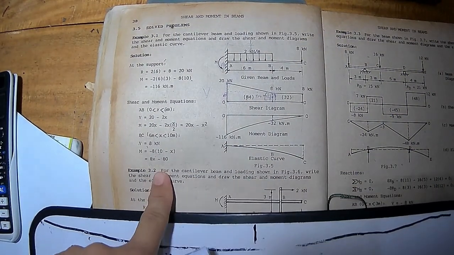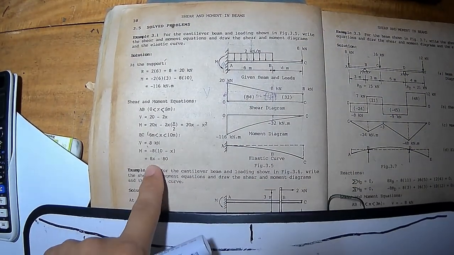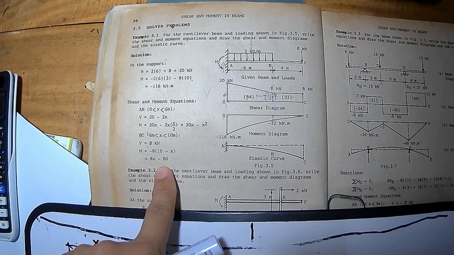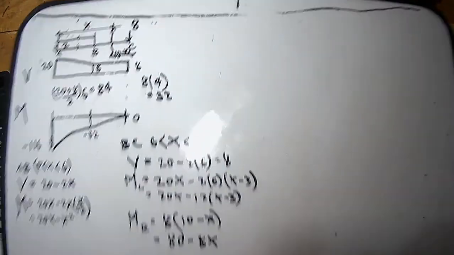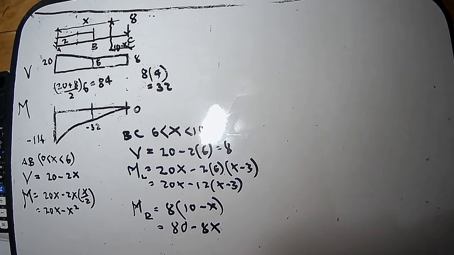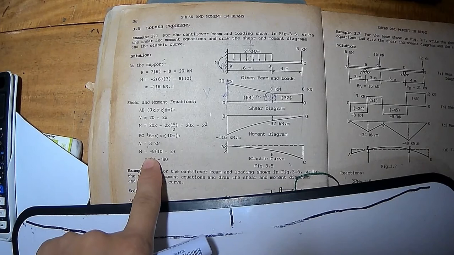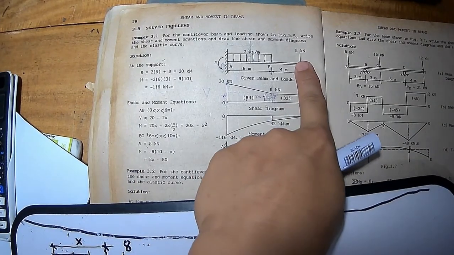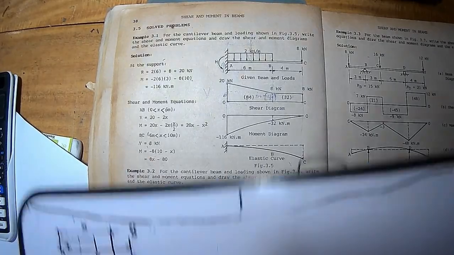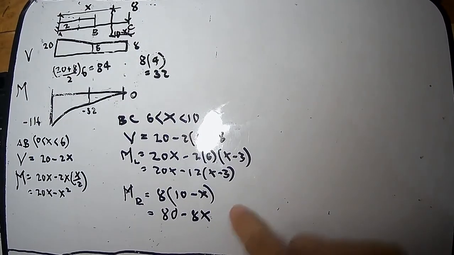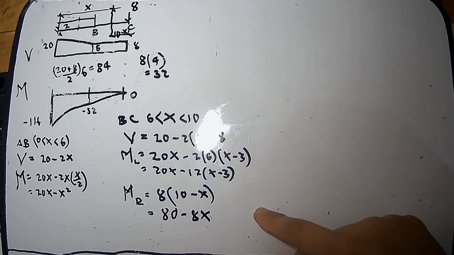Pero kay book is 8x minus 80. So, magkaiba ako. Okay? Now, ano ang ibig sabihin nun? Siguro ang i-consider niya dito yung direction ng 8 na pababa. Ginawa niyang negative. But, let me show you the significance of having moment left and moment right.